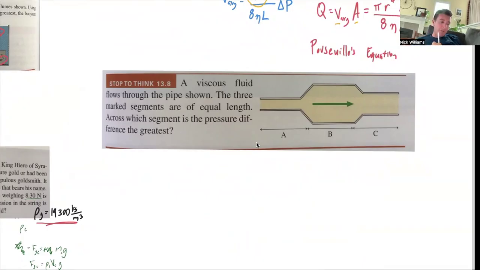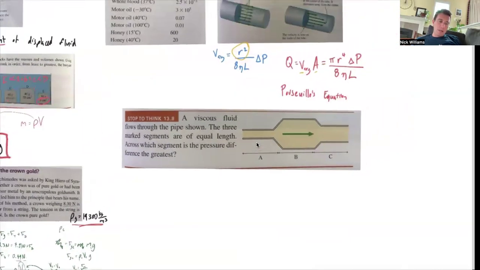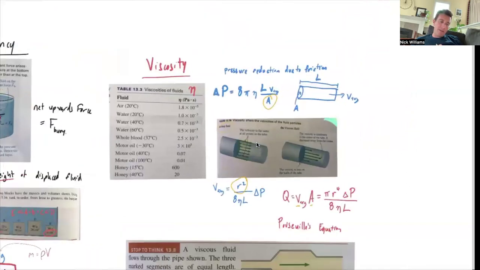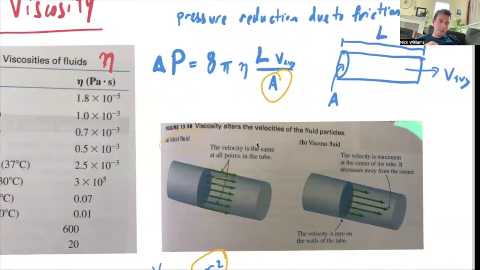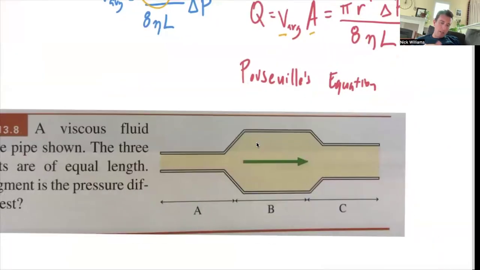A viscous fluid flows through the pipe shown. The three marked segments are of equal length. Across which segment is the pressure difference the greatest? Okay, so the viscosity is constant, 8 pi is constant, and L over A, all of these seem to have the same lengths.